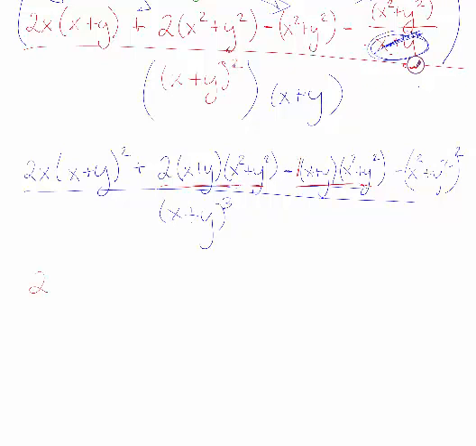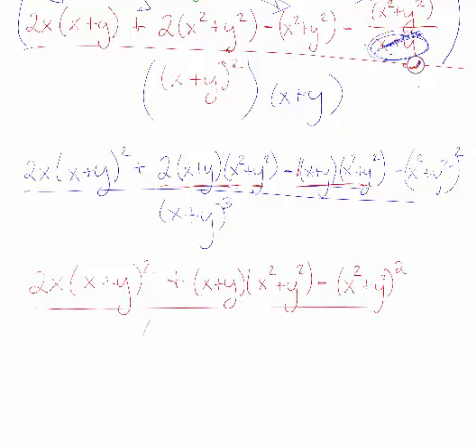So this will be 2x times x plus y squared, minus 2 times x, minus, we said this was plus 2 minus 1 would be plus, x plus y times x squared plus y squared, minus x squared plus y squared, all squared, all divided by x plus y cubed.